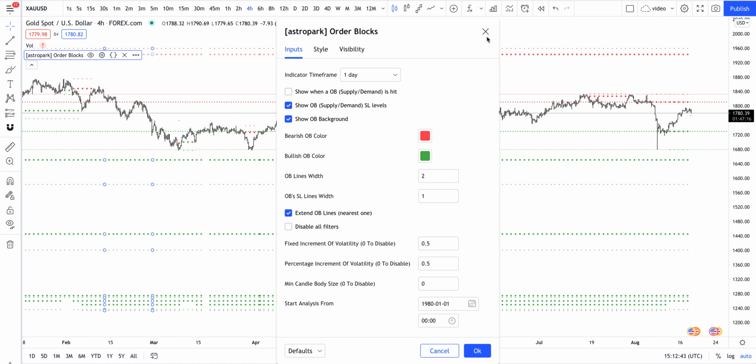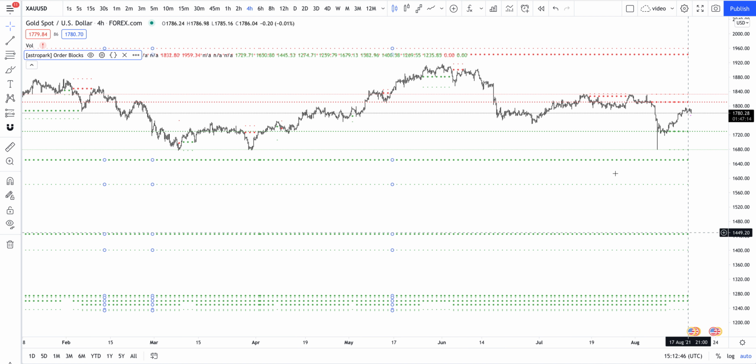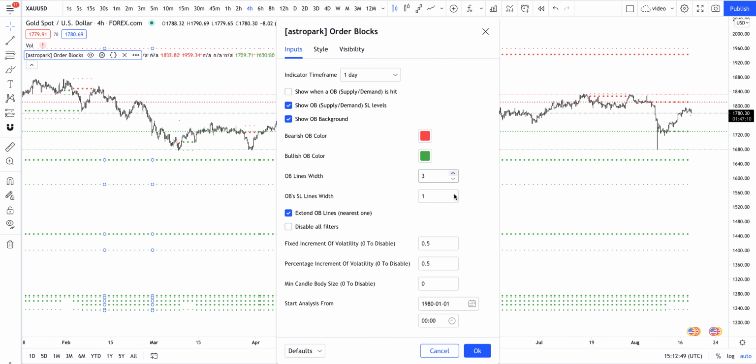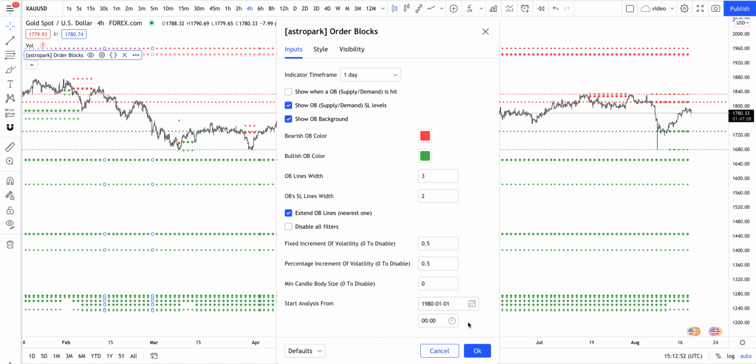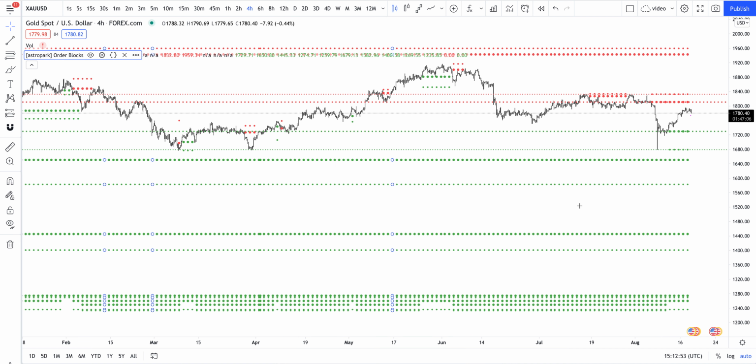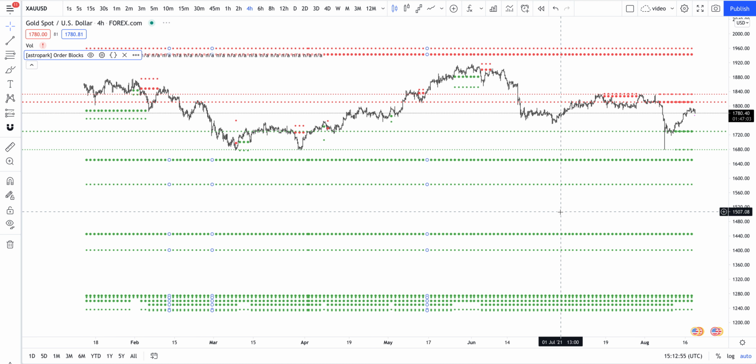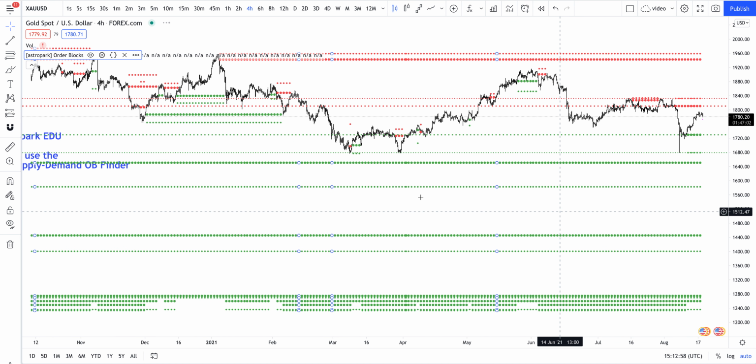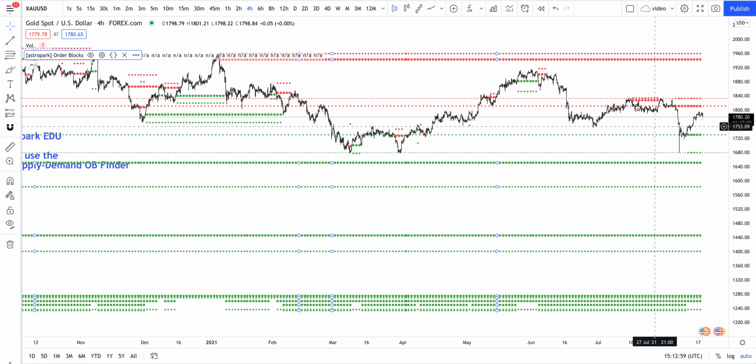You can also enable the background. In this case we can also increase the dimension. So as you can see here, we were at supply and we just bounced on a daily zone. This is a daily zone.